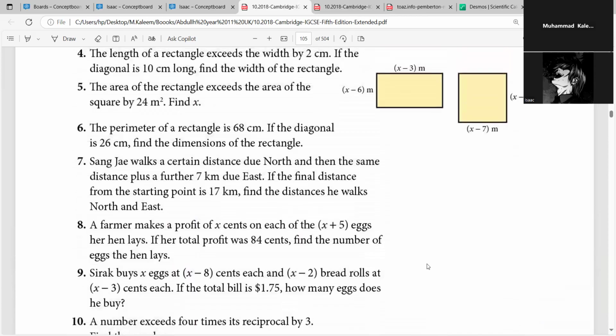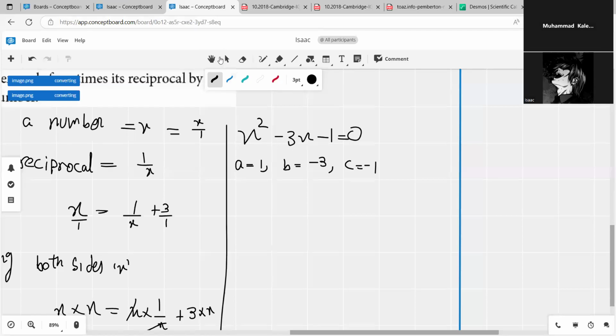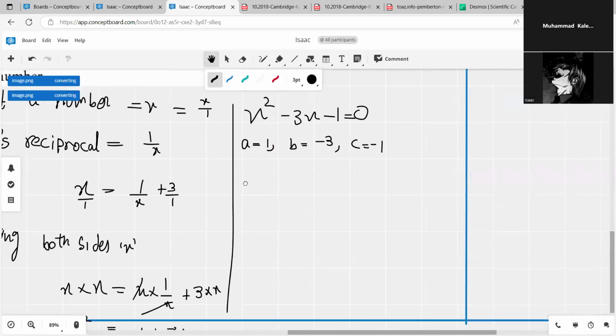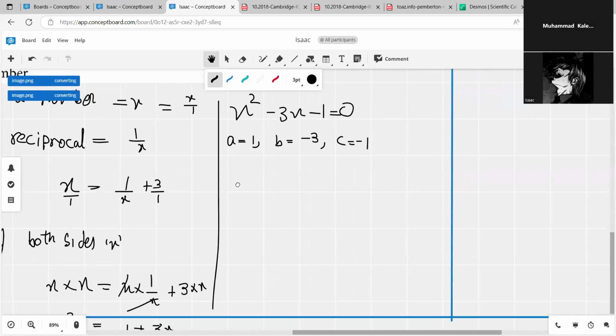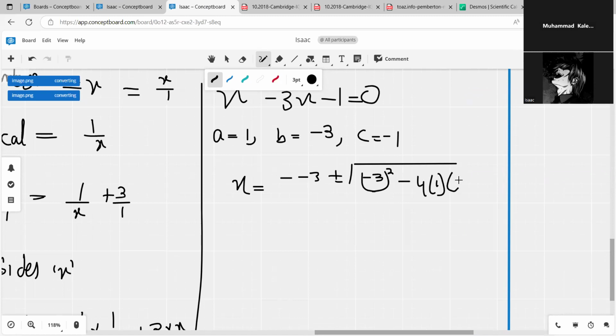I got 3.305 or 0.305. No, it will be a complete number. I think you made a mistake. Let me check. X is equal to minus b, right? Yeah. And then we have minus 3 square minus 4ac.